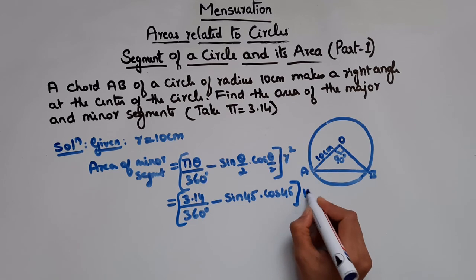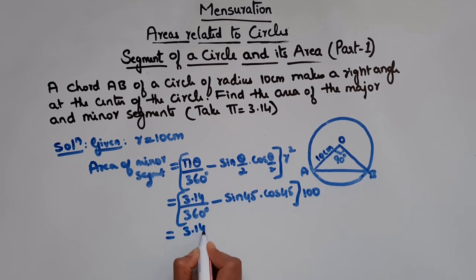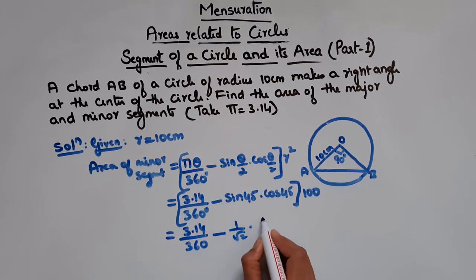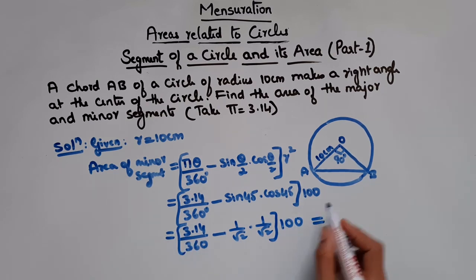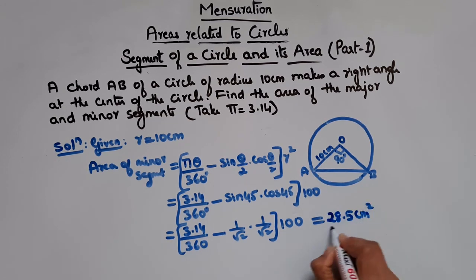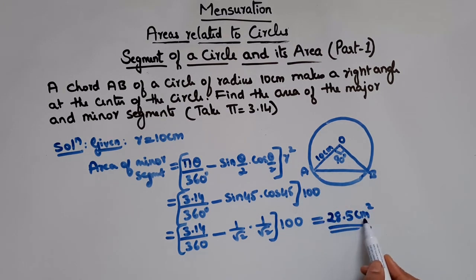So 10 square is 100, which is equal to 3.14 by 360 degree minus, what is sine 45? Sine 45 is 1 by root 2 into cos 45 is also 1 by root 2 whole into 100, right? Which is equal to, when you simplify this will give you 28.5 square centimeter. So the area of the minor segment is 28.5 square centimeter.